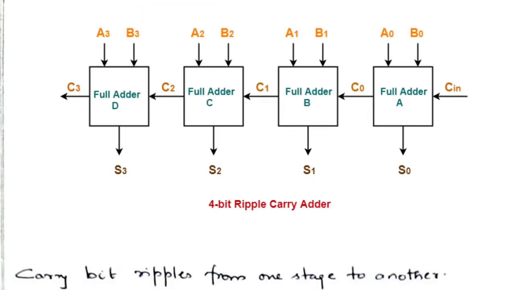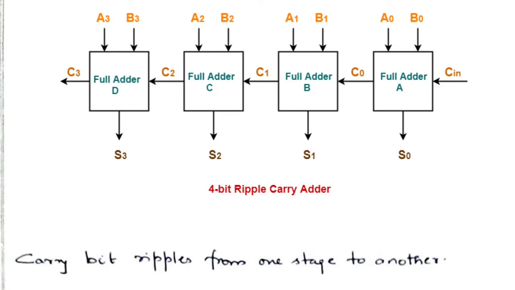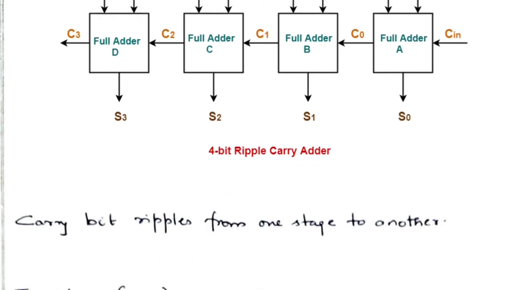The problem with this ripple carry adder is that the carry ripples from one stage to another. That's why it gets its name. Due to this, we have a longer time delay. The T of the adder is (n-1) T carry plus T sum. The time taken for calculating the sum of only the final adder depends on the time that each of these adders takes to find the output carry.